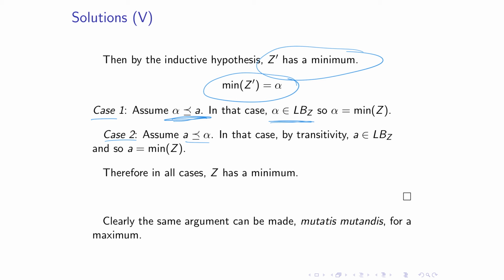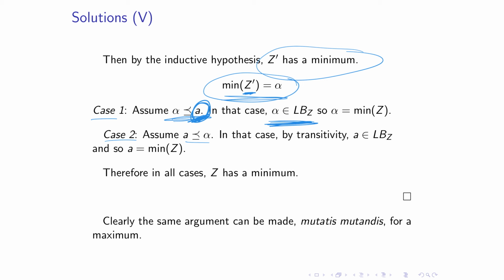Well, it's already a lower bound on Z prime, and so alpha precedes everything in Z prime. Moreover, alpha precedes A. Well, when you put that all together, that means that alpha precedes everything in Z, right? Because everything in Z is either in Z prime or it is A, because that was the only thing in Z that's not in Z prime. So when you put all that together, alpha precedes everything in Z, making it a lower bound of Z.